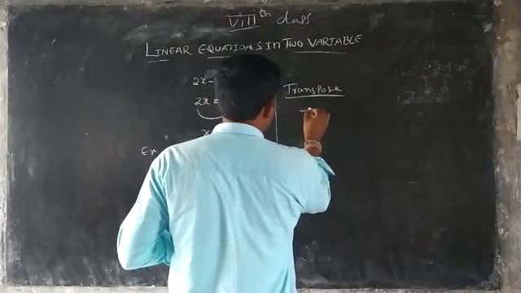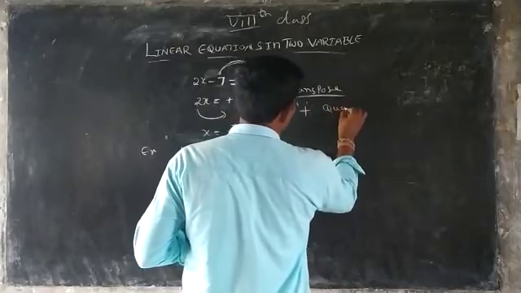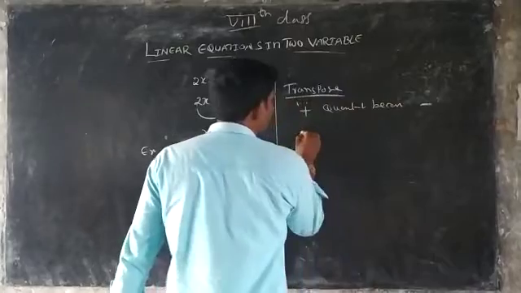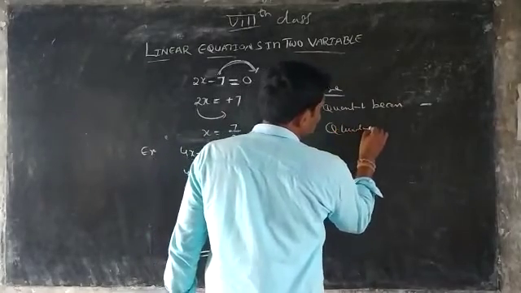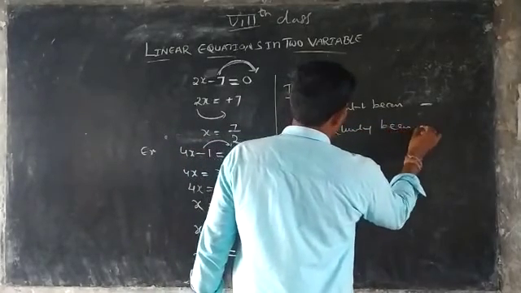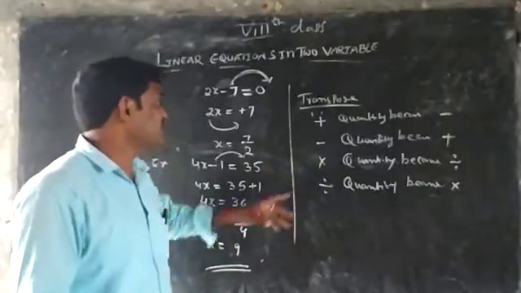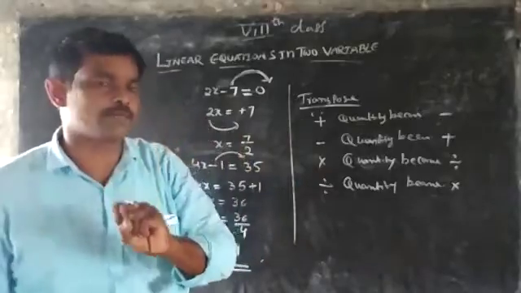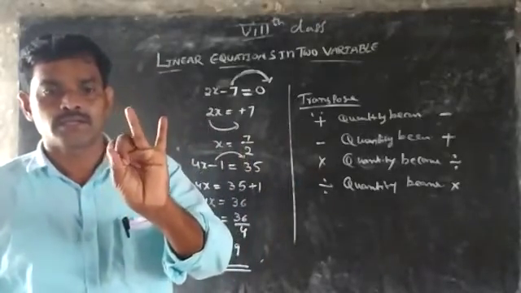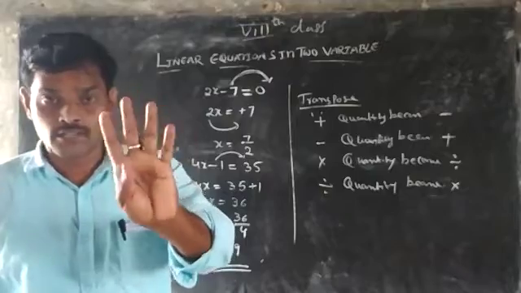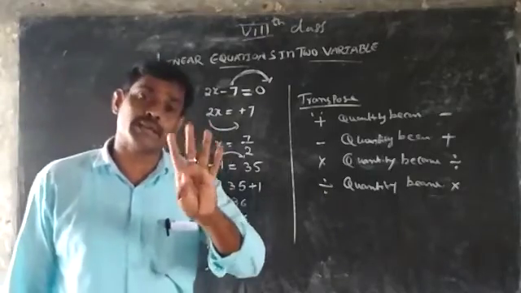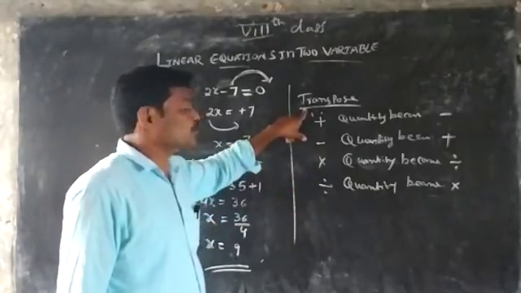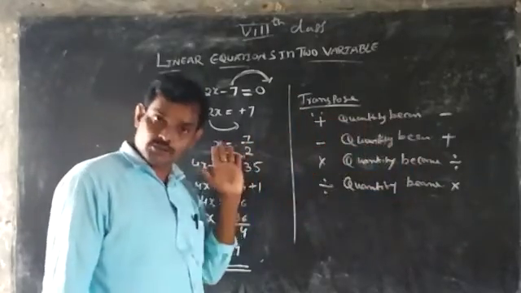A plus quantity becomes minus, and a minus quantity becomes plus when transposed. Particularly in these linear equations we have some transposes. We know the four binary operations: plus, minus, division and multiplication. These four operations change when transposed from LHS to RHS, or RHS to LHS.